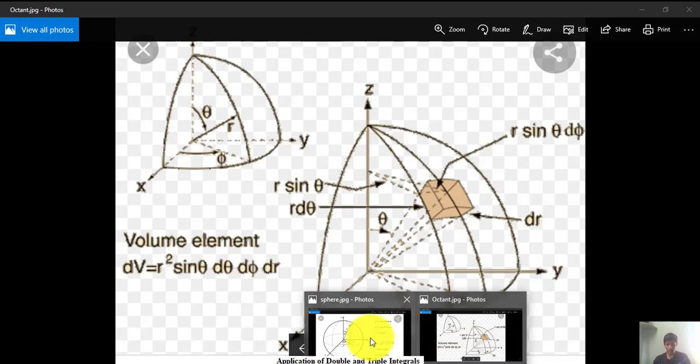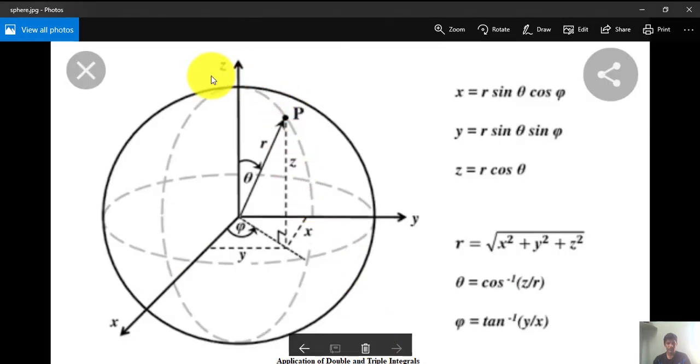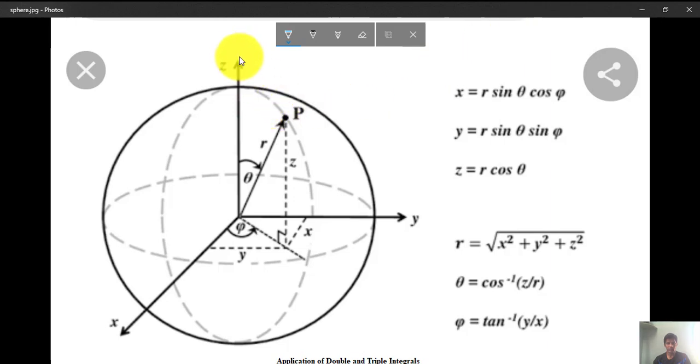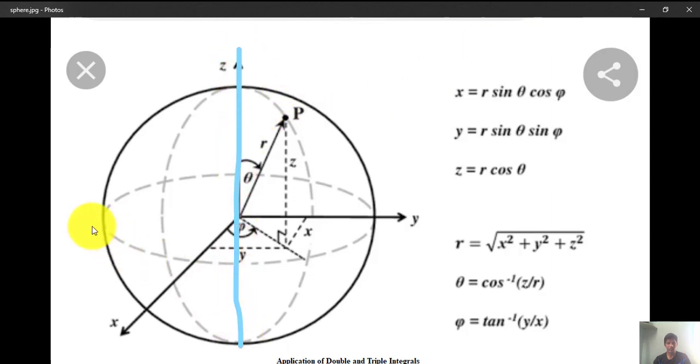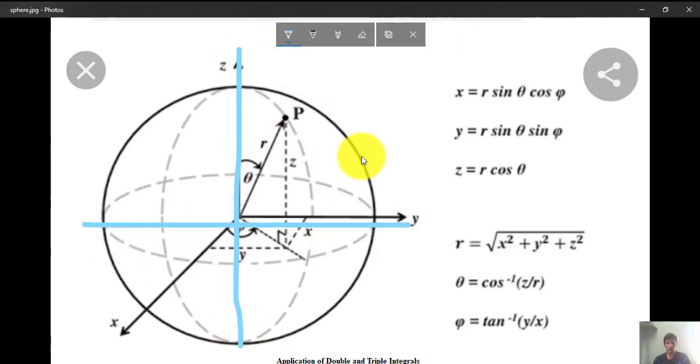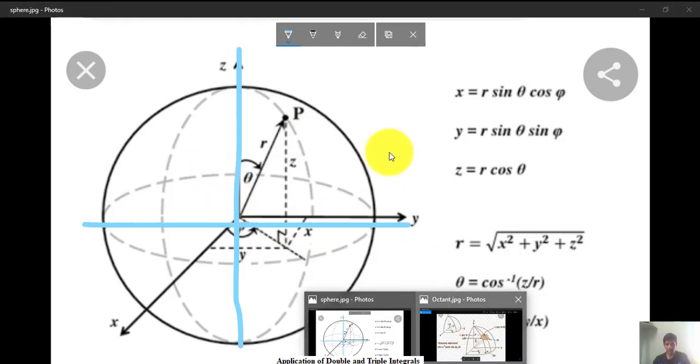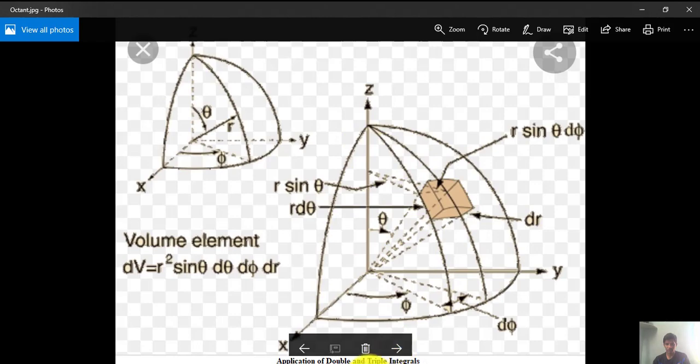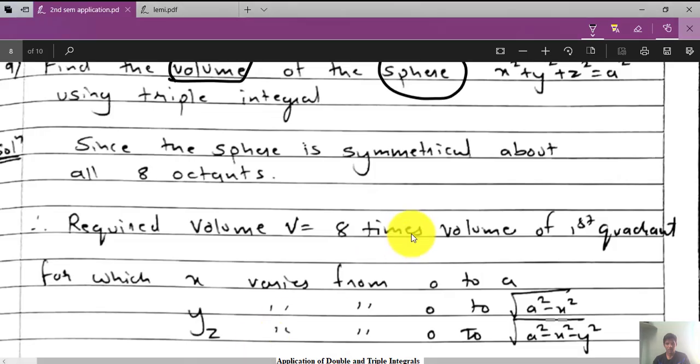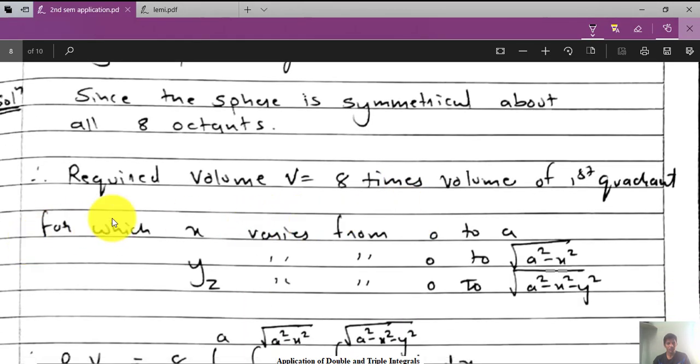As I said earlier also, suppose this is my sphere, and if I cut this sphere into 2, this is a 3-dimensional figure, so one octant will be this part. Obviously x varies from 0 to a.